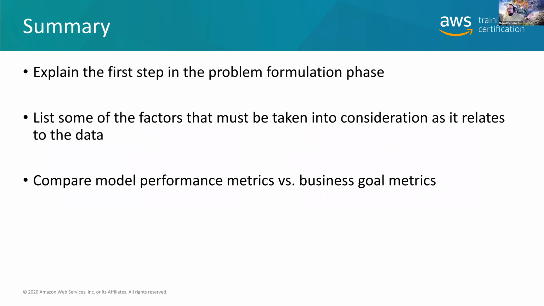So our whole focus from the latter part of yesterday was really just to explain the first step in the problem formulation phase, which was basically to identify the business problem that you're trying to solve and the success outcome that you want, and then how you identify that as an ML problem.